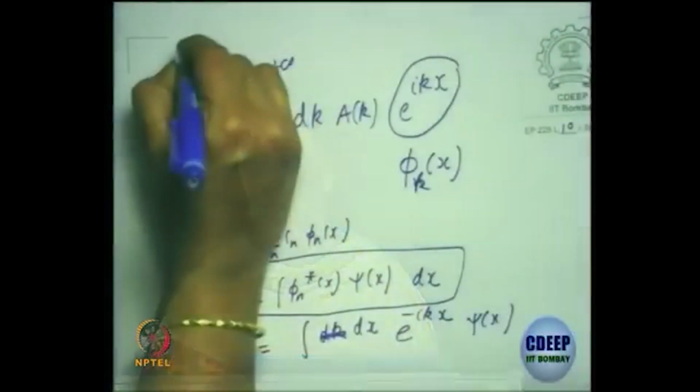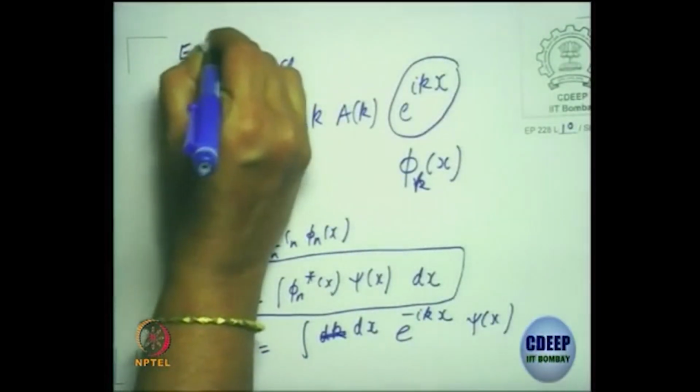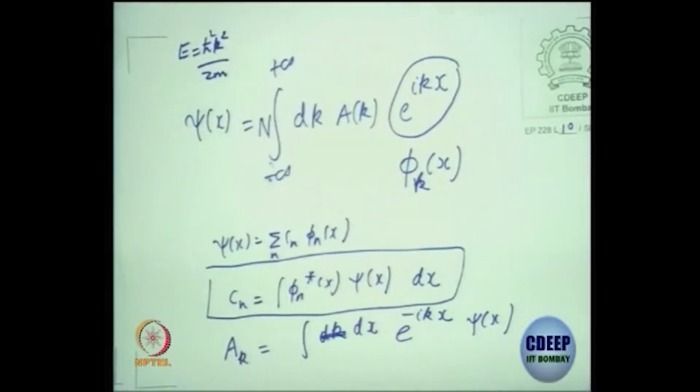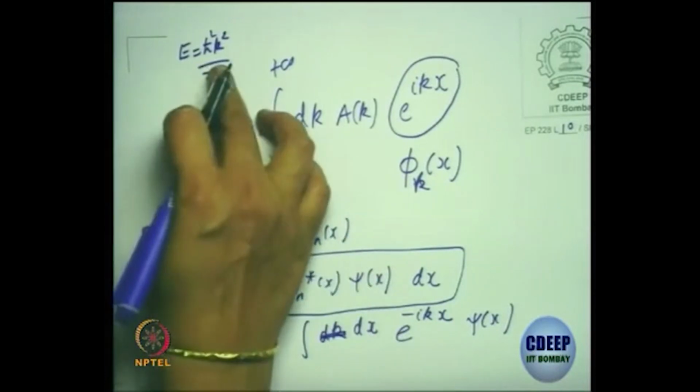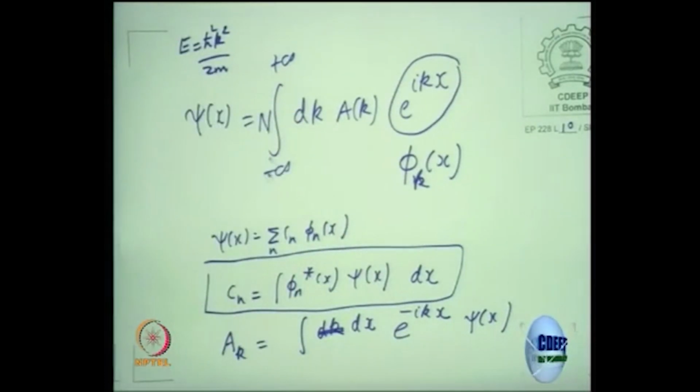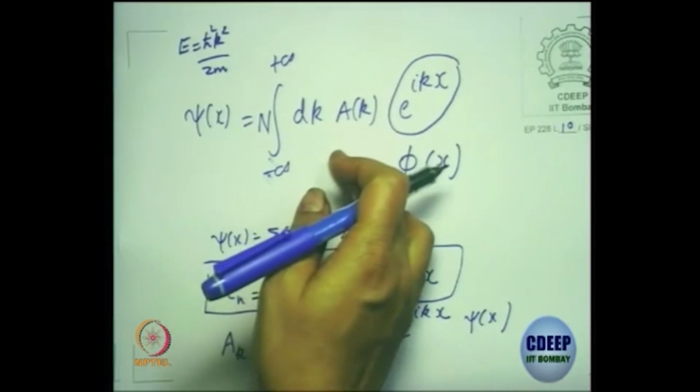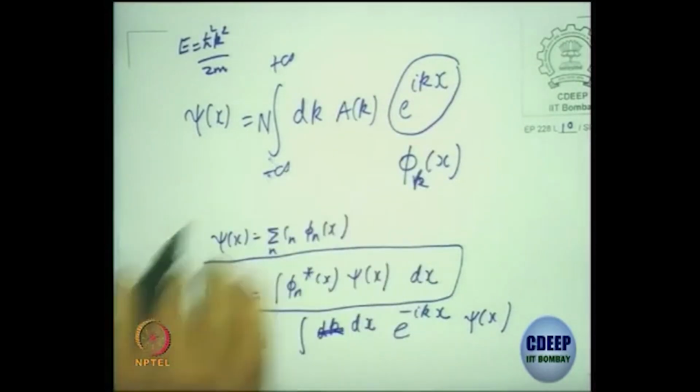Take the free particle, which will have energy E equal to h cross squared k squared over 2m, which is p squared over 2m. You can replace your k by square root of 2mE over h cross, and you can start doing that problem involving Fourier transform, going from the k space to the x space.